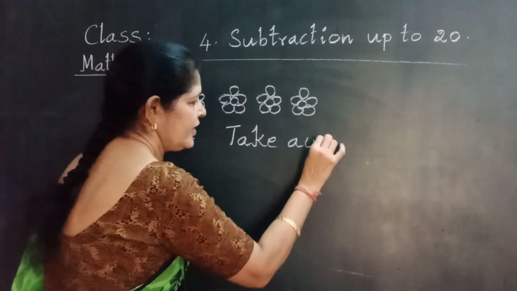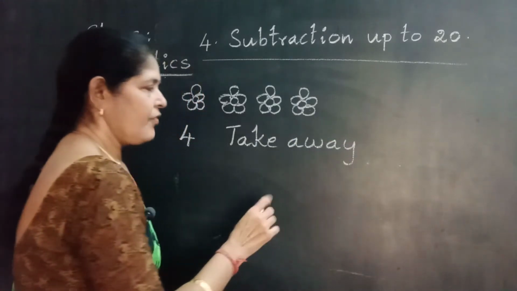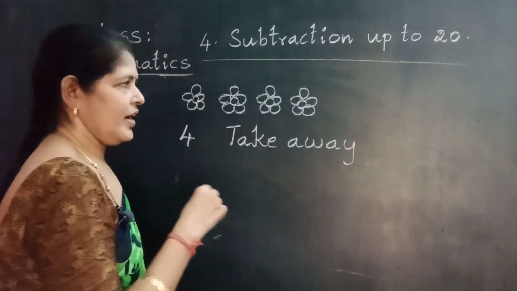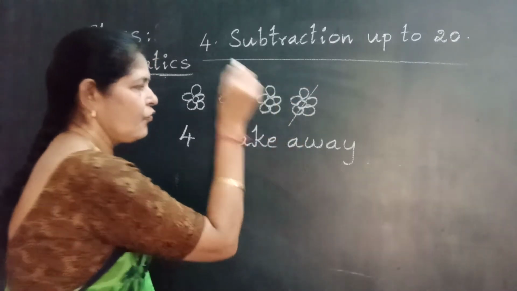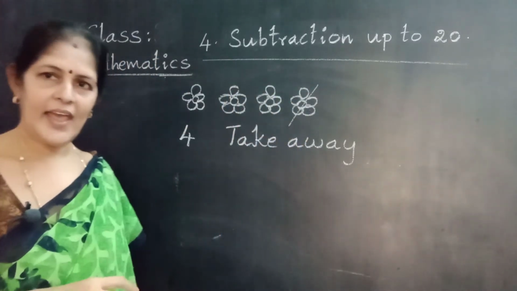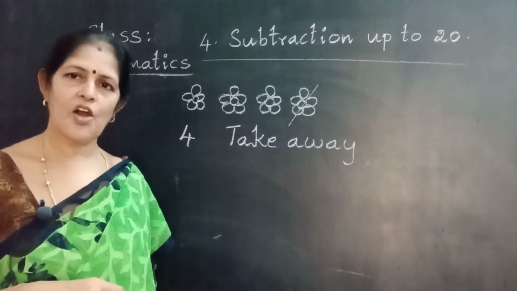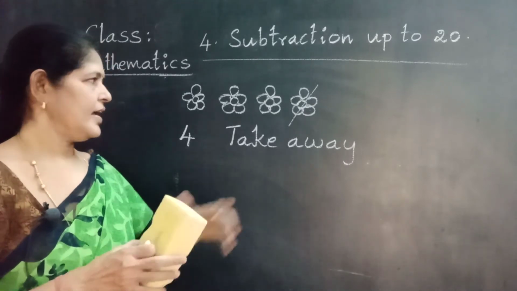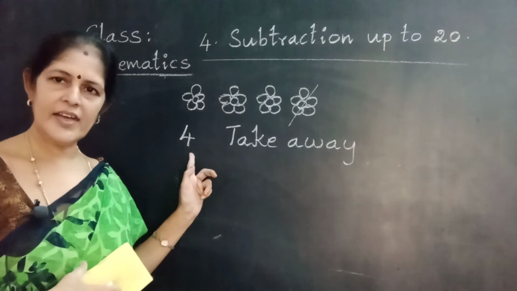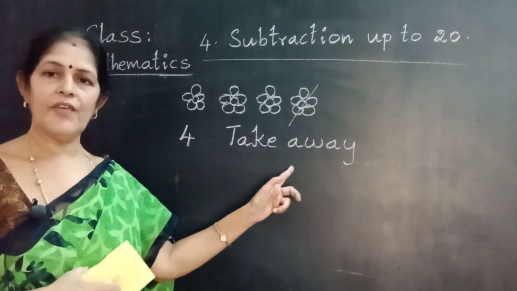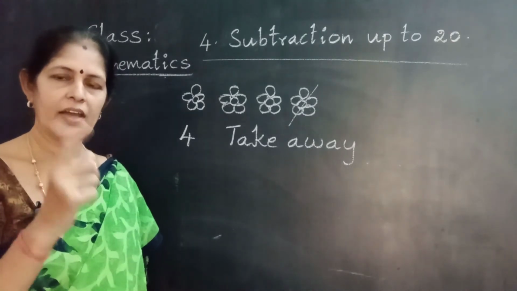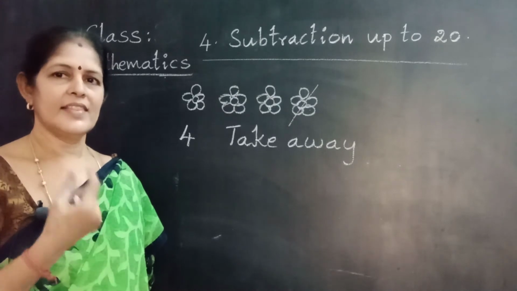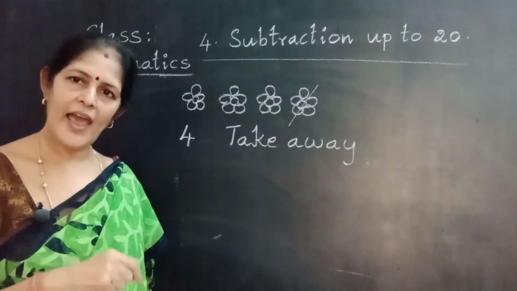I take away 1 flower. Then how many flowers are left? See, I have 4 flowers. I have given away 1 flower to my friend. Then how many are left?